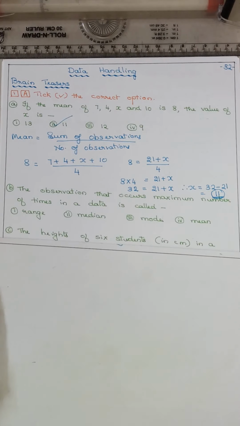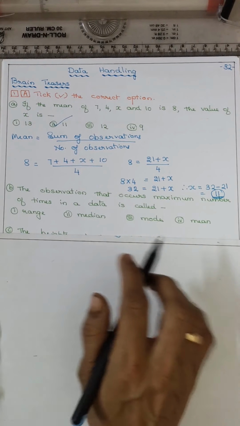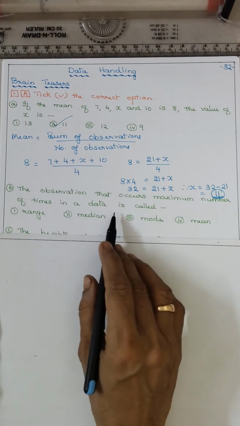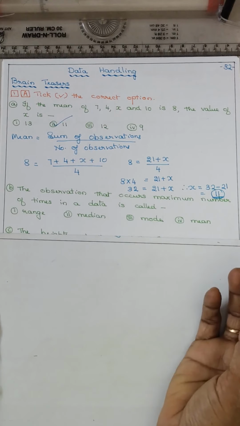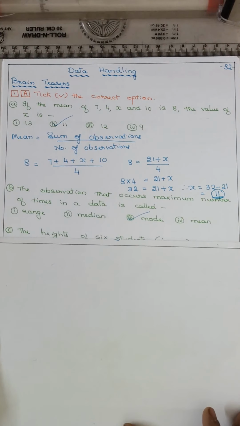Remember. Now the second question: the observation that occurs the maximum number of times in a data, what is it called? That is mode. So third option.